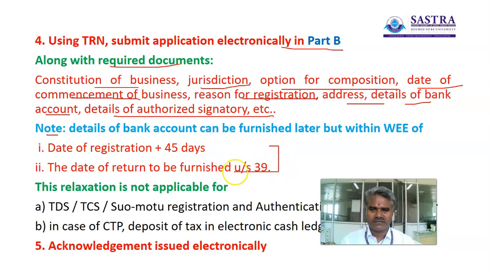Whichever is earlier of these two, you have to submit your bank details, because people are not ready to submit the bank details immediately. They hesitate to submit the bank details, but it's compulsory. Better to maintain a separate bank account for your business. Obviously, people maintain a separate bank account, so no problem at all.